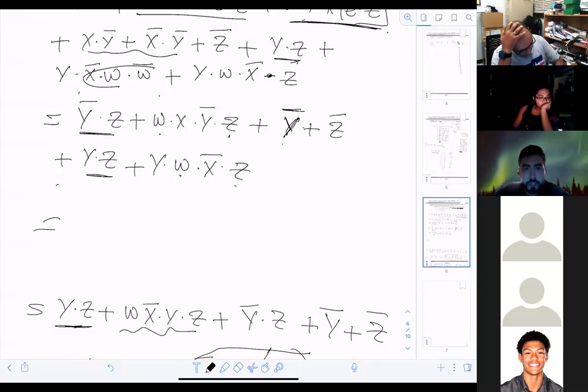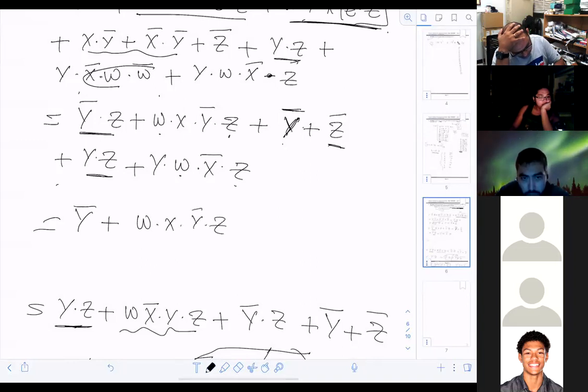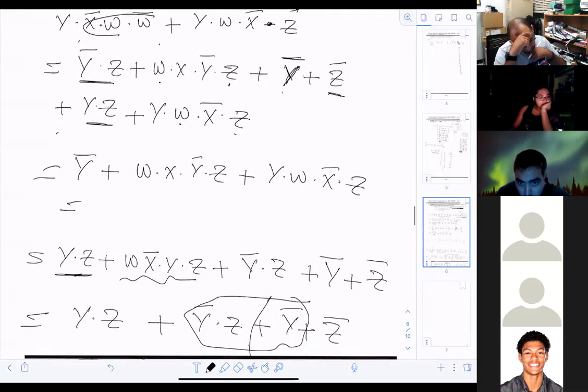Those two guys are Z, right? Then I have Z complement gone, right? Now the expression should be Y complement W, X, Y complement Z with Y, W, X complement Z, right?